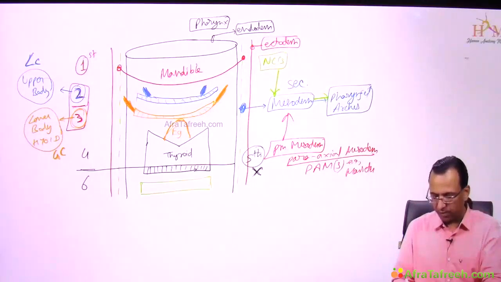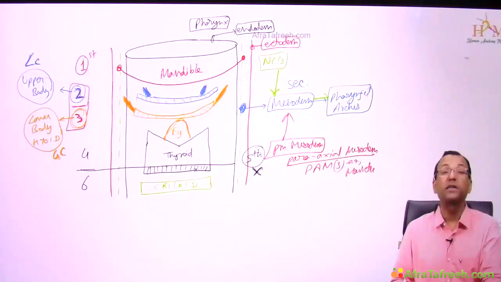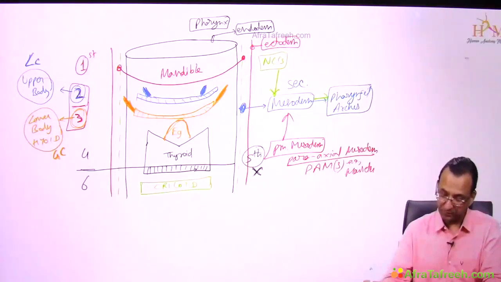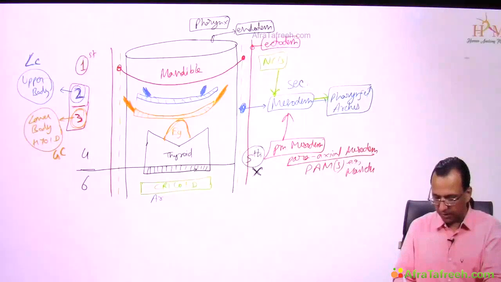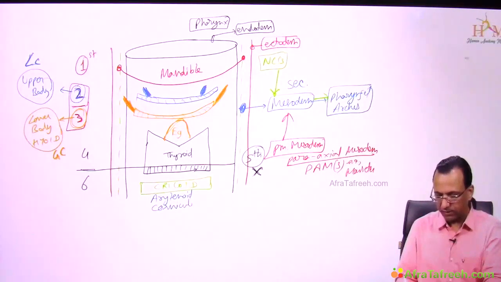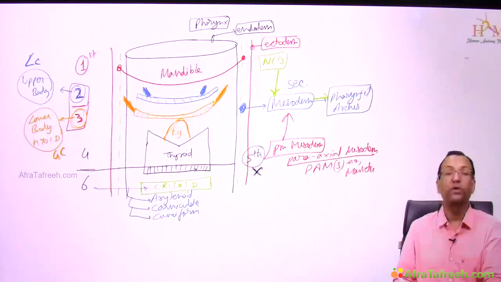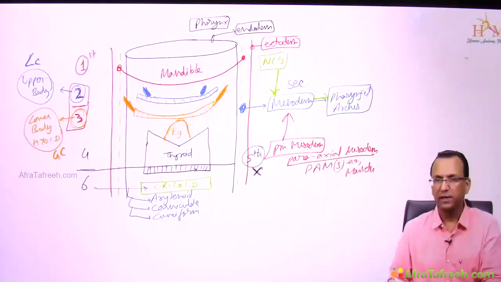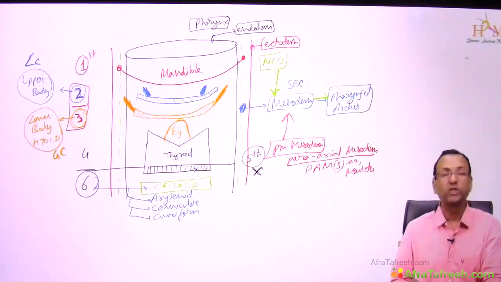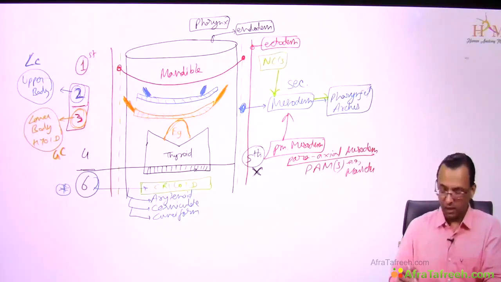Whether it is the cricoid cartilage, the arytenoid cartilage, the corniculate cartilage or the cuneiform cartilage, whatever larynx cartilages are left, all develop in the sixth arch. This is a controversial topic, and you'll find different answers in different books.